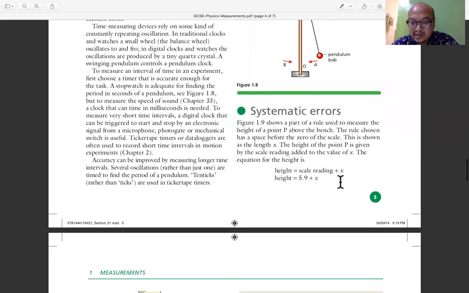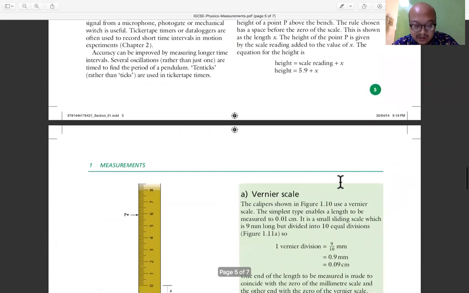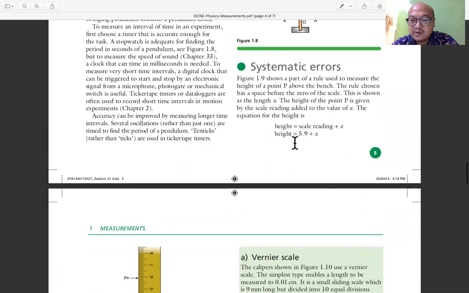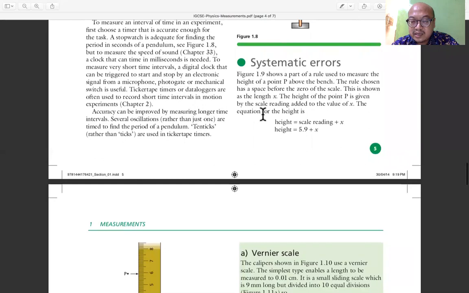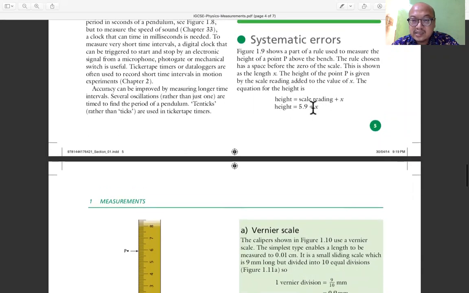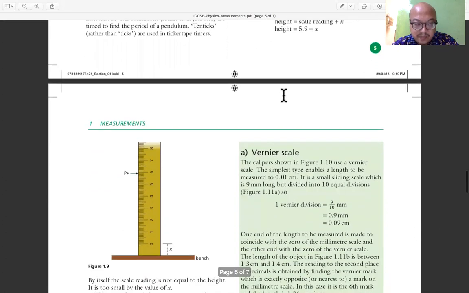Systematic error, figure 1.9. Part of a rule is used to measure the height of position P above the bench. The rule chosen has a space before the 0 scale, shown as the length x. The height of position P is given by the scale reading plus x, so height equals scale reading plus x. x is the systematic error.